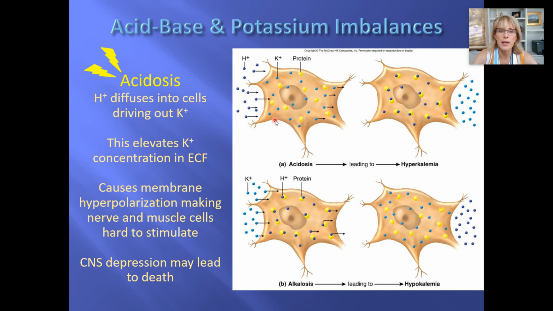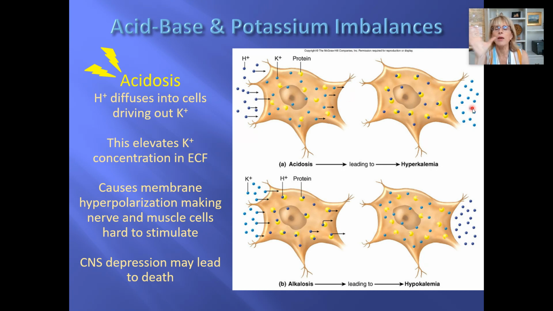When your patient has an acidosis, as the hydrogen ions go into the cell, they push potassiums out of the cell. Now, I want you to notice that in this situation, acidosis, too many hydrogen ions went into the cell, pushed the potassium out of the cell.